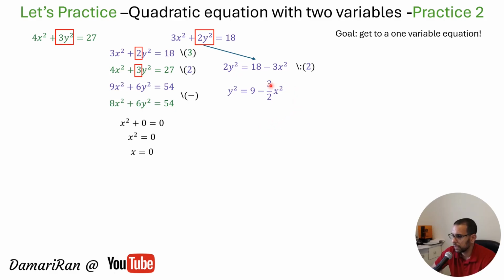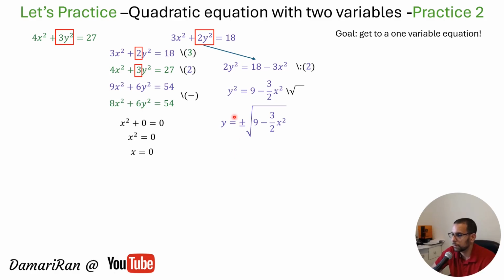Great. Now let's take the root of both sides. After doing that, we get a plus minus again. We get a plus minus, which means that our path of the solution is splitting into two.